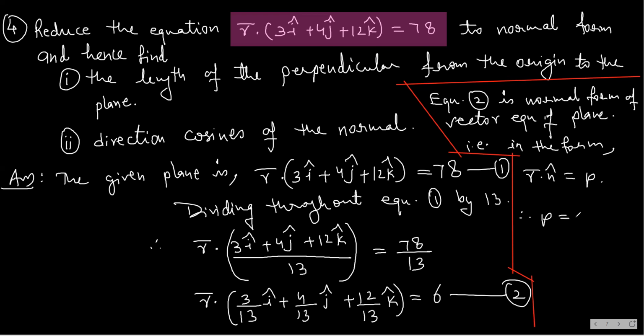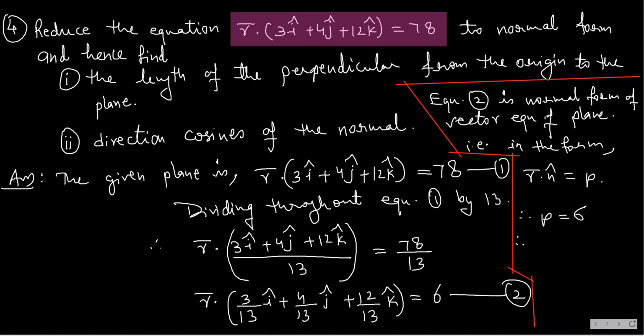Therefore, p equals 6. See here, the right hand side is 6. Therefore, the perpendicular distance from the origin is 6 units.